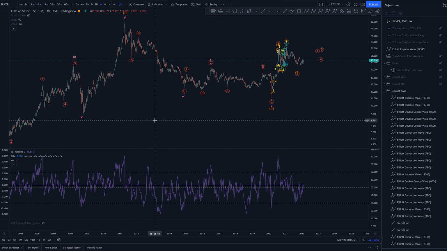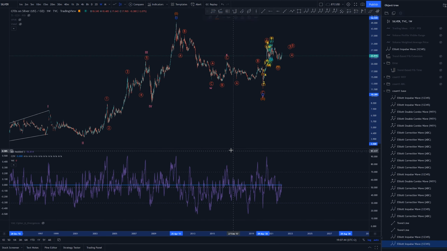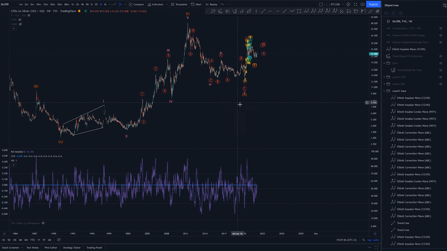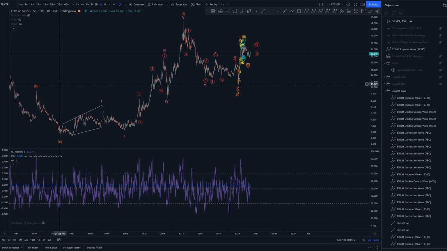But in any case, that's what I have marked as Supercycle 1. Then coming down here, and let's just mention the time, 1991 to 2011, so 20 years, and up to the wave 2 it took around 9 years.